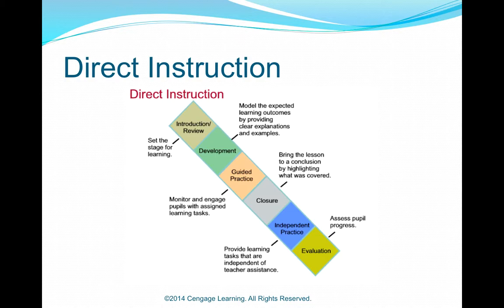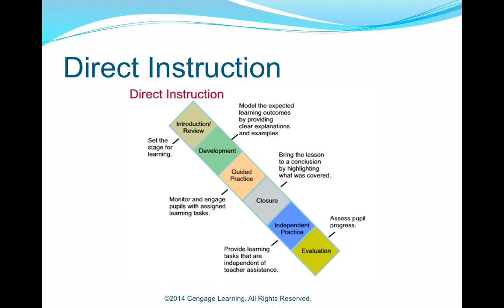And here's an image that helps hopefully get in your mind how independent practice and guided practice and different parts of direct instruction can work together. So as you see, in the introduction, it sets the stage for the learning, and then you model that, and then you move pretty quickly into guided practice.